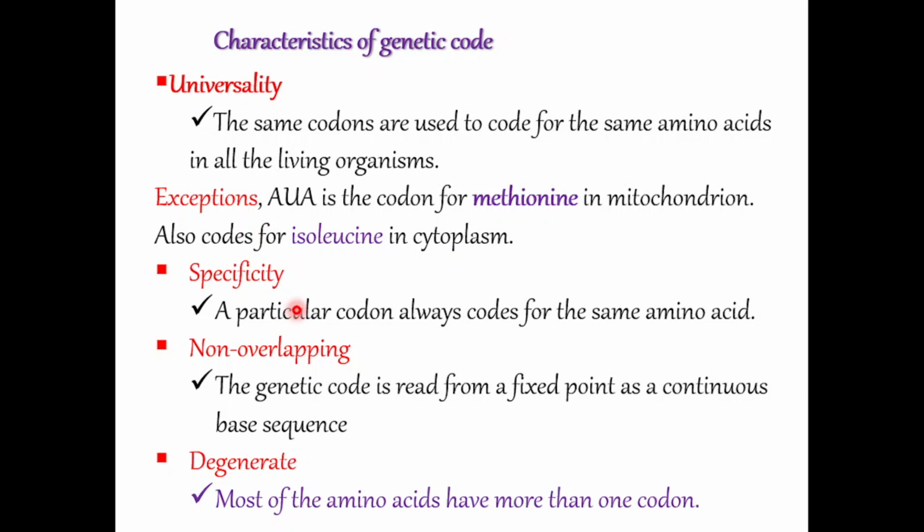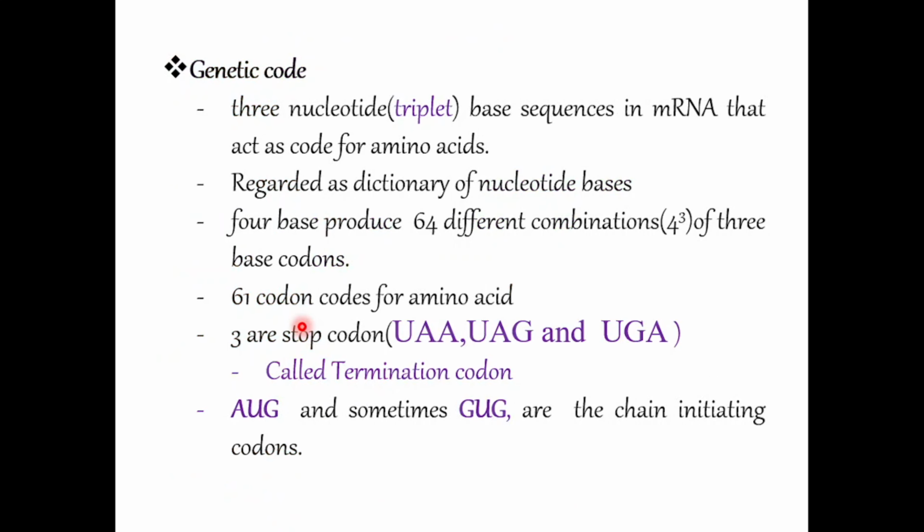The other characteristic is specificity. It means that it is specific. Particular codons always code for the same amino acid. For example, AUG codes for methionine. UAA codes for stop.